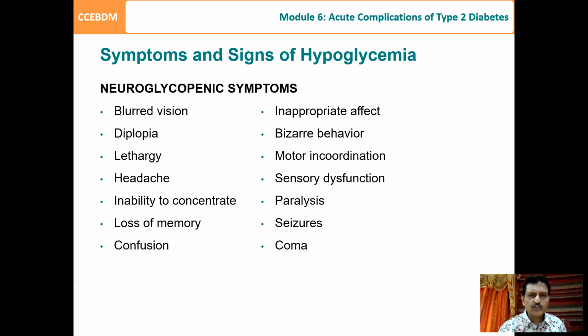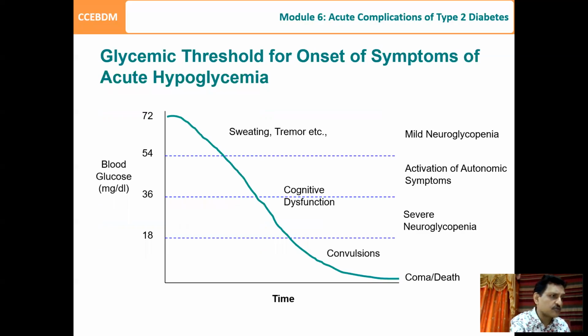These occur when there is neuroglycopenia and the blood glucose level is very low. So basically, the first kind of symptoms are usually the adrenergic or autonomic symptoms, and this second group of symptoms or signs are basically neurogenic, and this depends on how low the blood glucose levels are.